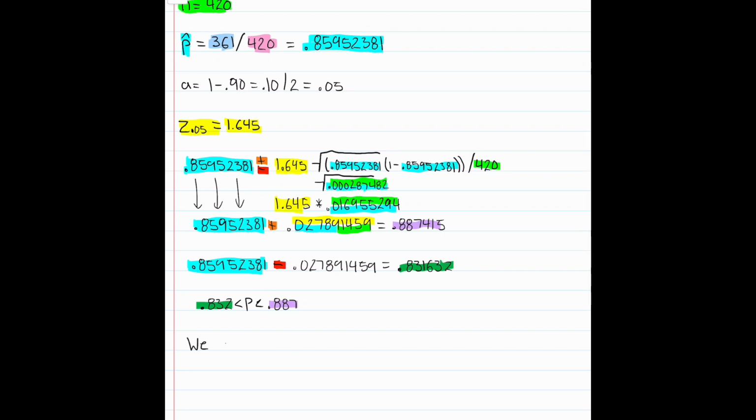We're going to write out our confidence interval, which is: we are 90% confident that the proportion of adults with kids is between 0.832 and 0.887.